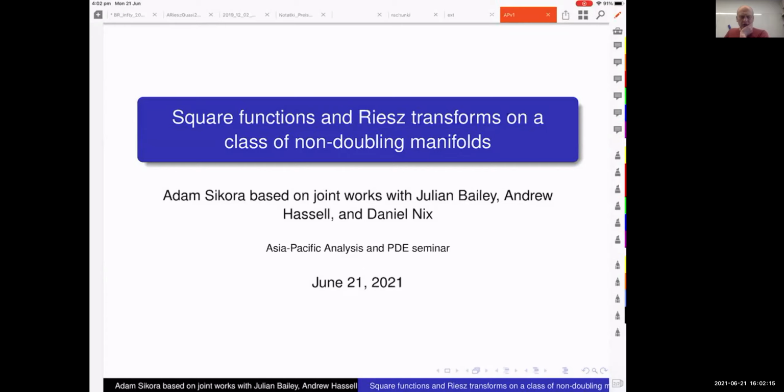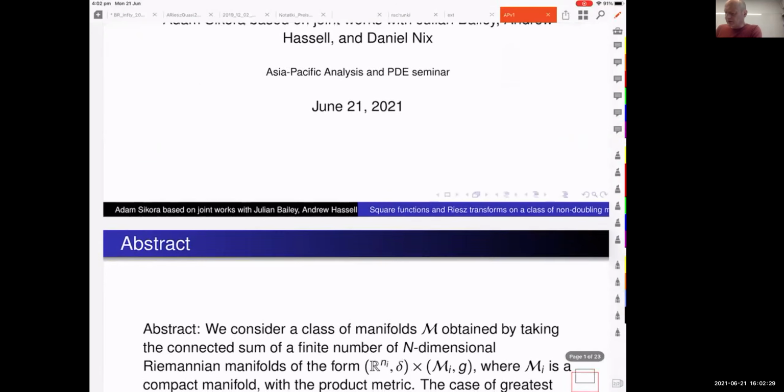As an add-on to the discussion of the Riesz transform, I want to add a discussion of square functions, which complements and develops the idea of the Riesz transform.